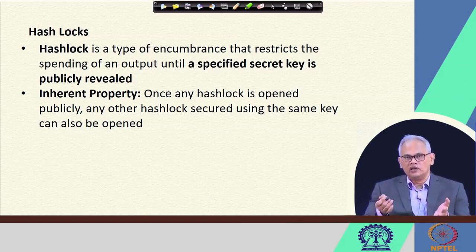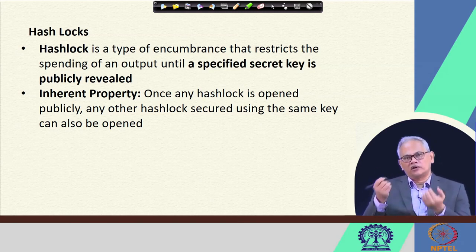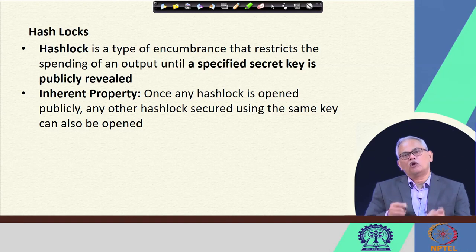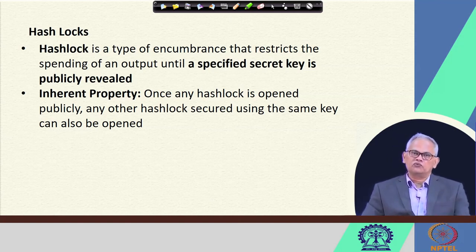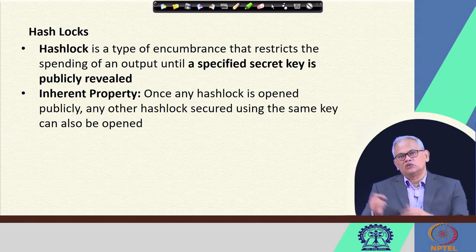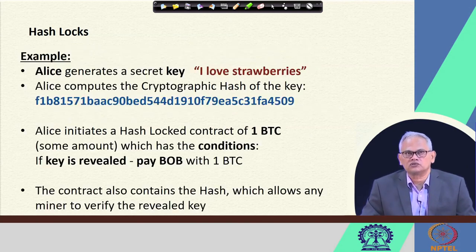That means, if contract A transfers 1 Bitcoin from Alice to Bob and contract B transfers 33 ethers from Bob to Alice, as soon as this x is revealed, both of these contracts will execute and Bob will get 1 Bitcoin in the Bitcoin network, and Alice would get 33 ethers in the Ethereum network. So, that is the inherent property of hash locks.